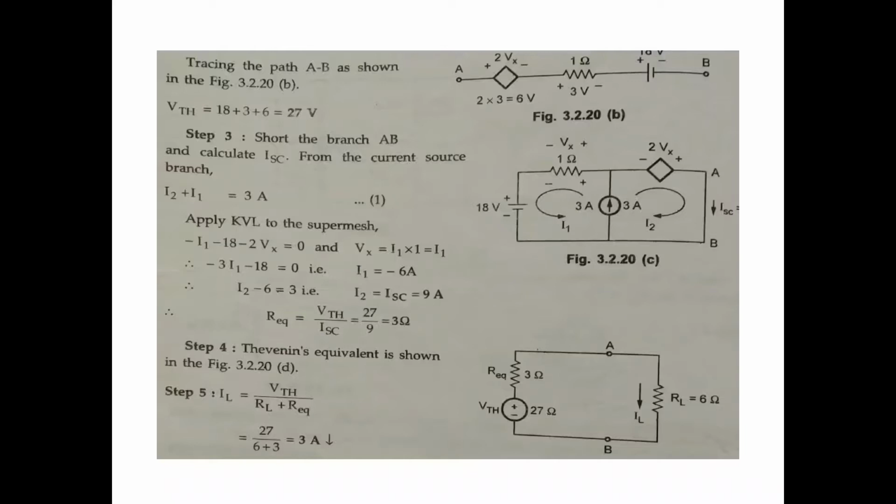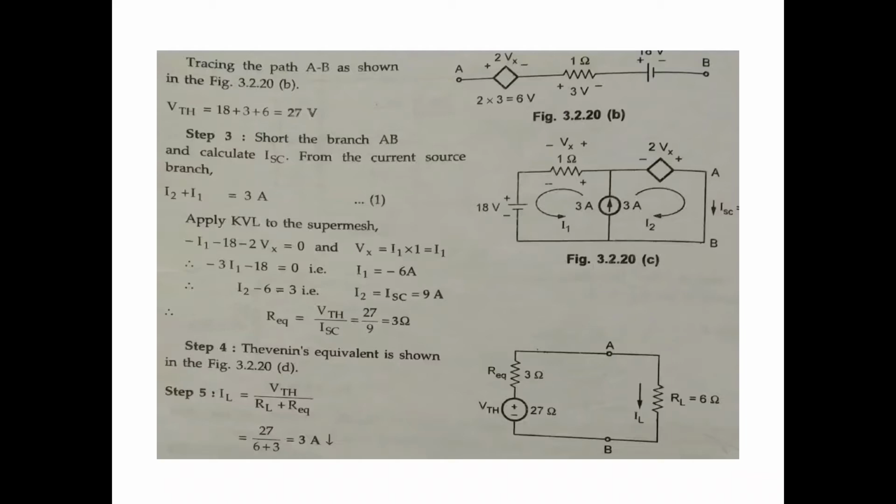Substituting the I1 value for Vx, we get I1 and 2I1, minus 3I1, minus I1, minus 3I1, minus 18 equal to 0. So I1 equals 18 by 3, which is 6 amps.